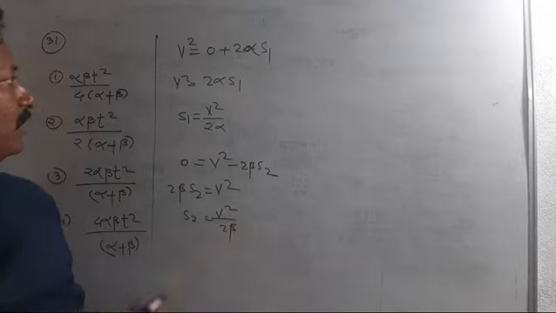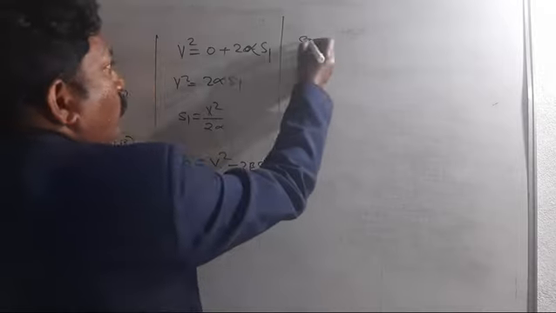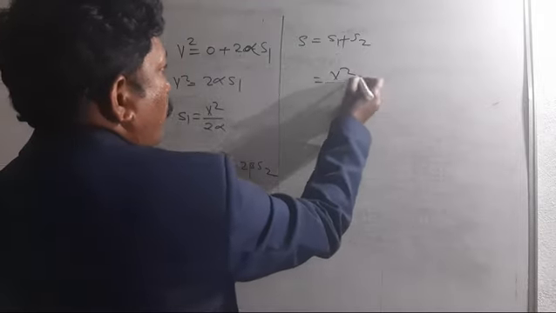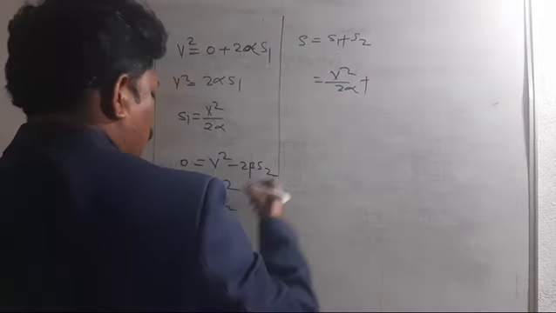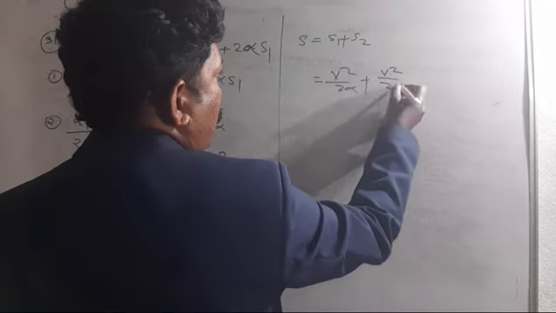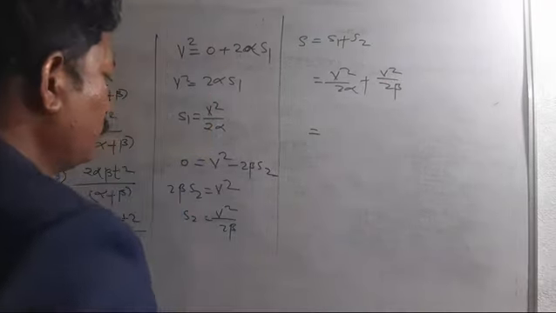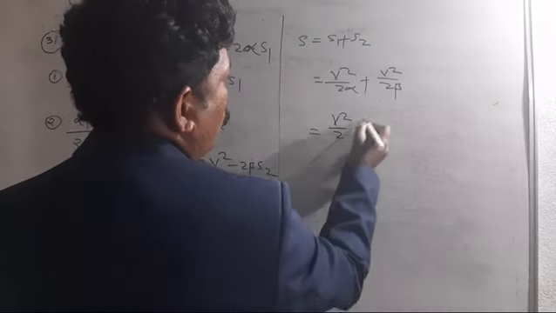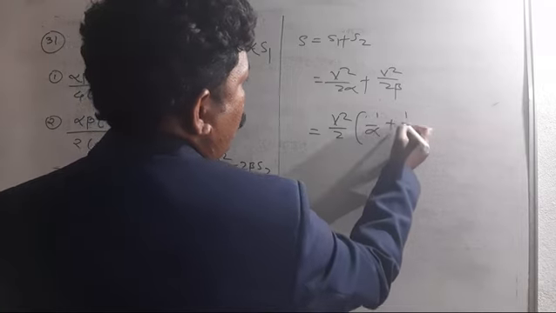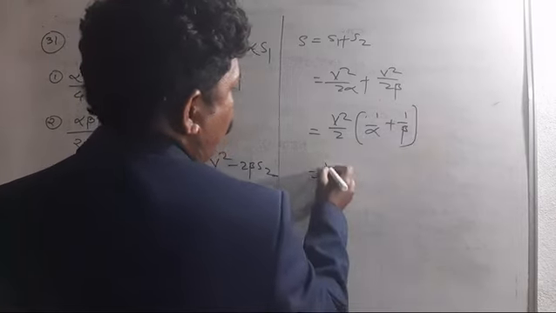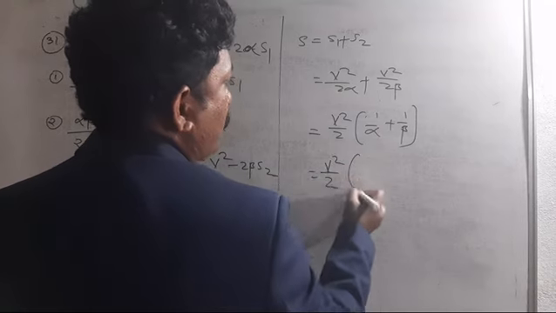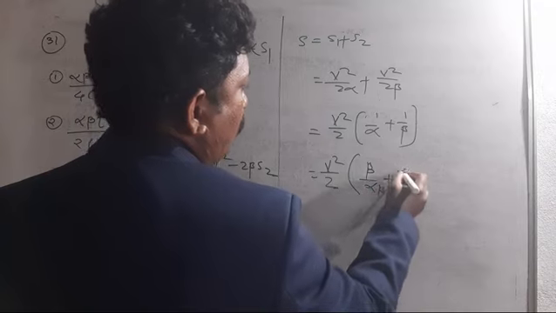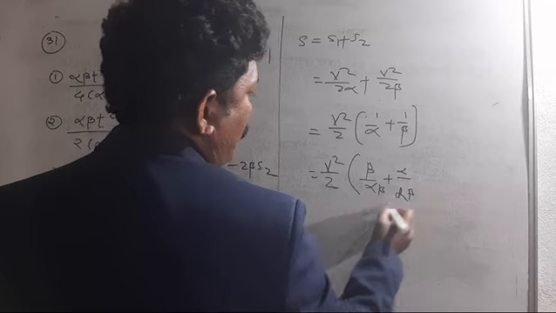So total distance s is equal to s1 plus s2. The value of s1 is v square upon twice alpha, and s2 is v square upon twice beta, right students? v square upon 2 is common, so it is 1 upon alpha plus 1 divided by beta, that is v square upon 2 times beta divided by alpha beta plus alpha divided by alpha beta, right?